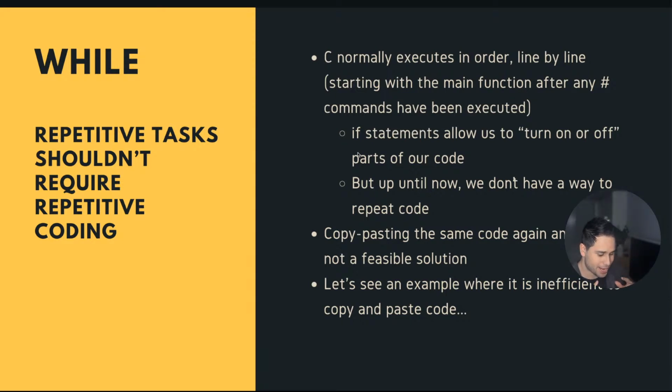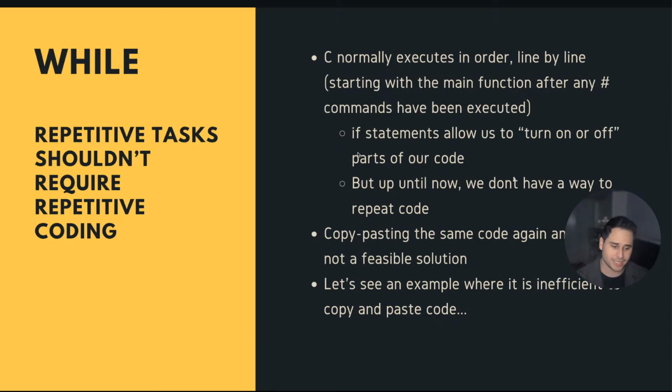But if we think about our C programs, we know that they normally execute in order, line by line, starting with that special main function. So if we have 4 printf statements in main, we jump to main, we run the first printf statement, we run the second printf statement, we run the third, and you get the idea.